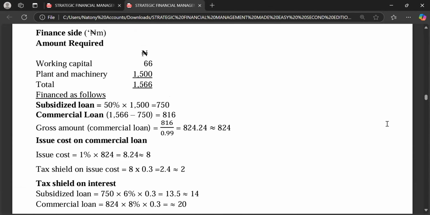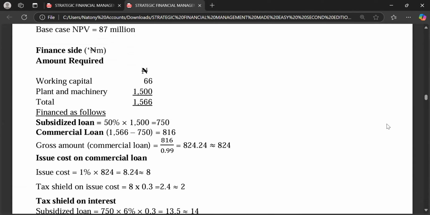If you look at the total amount required, this is working capital. This is the amount needed for the plant and the machinery. So the total amount required in time zero is 1566. But the government has promised to finance 50% of the amount required, which is 750.